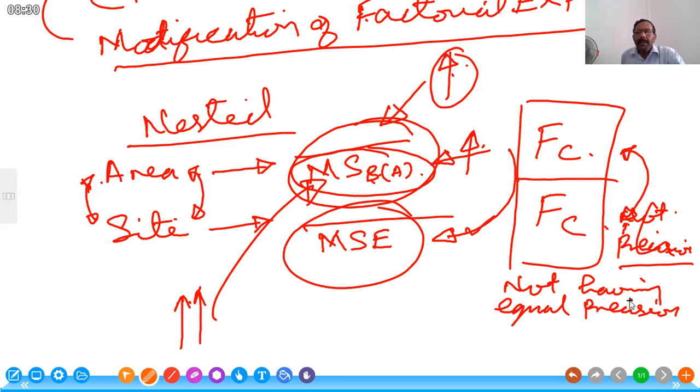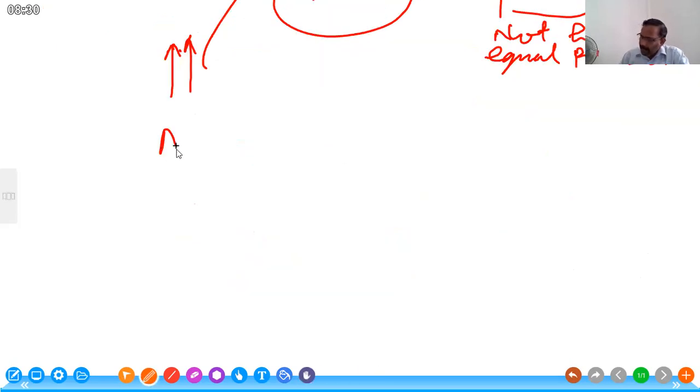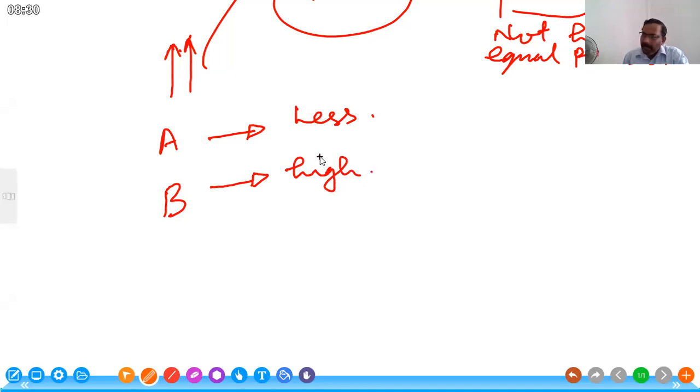One is highly precise, the other one is less precise. So we should avoid this, because here we have factor A, factor B in nested design. So A with less precision, B with high precision, for example, in this case. So A is tested with less precision, B is tested with high precision in nested design.